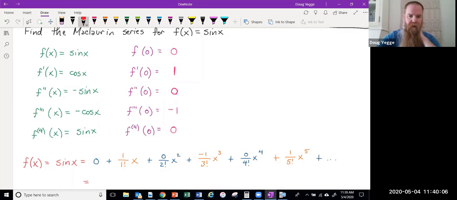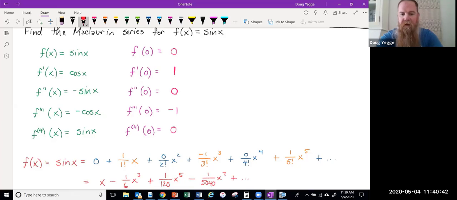Sine x will simply be x minus 1/6 x cubed plus 1 over 120 x to the 5th minus 1 over 5040, not 720, 5040, x to the 7th, plus, and so on. So we should recognize a few things.